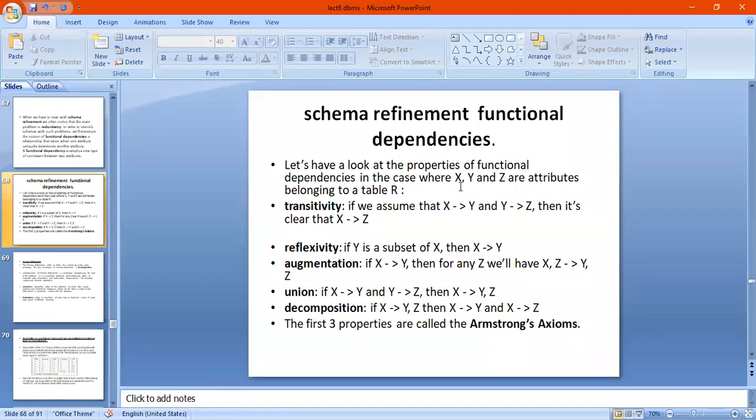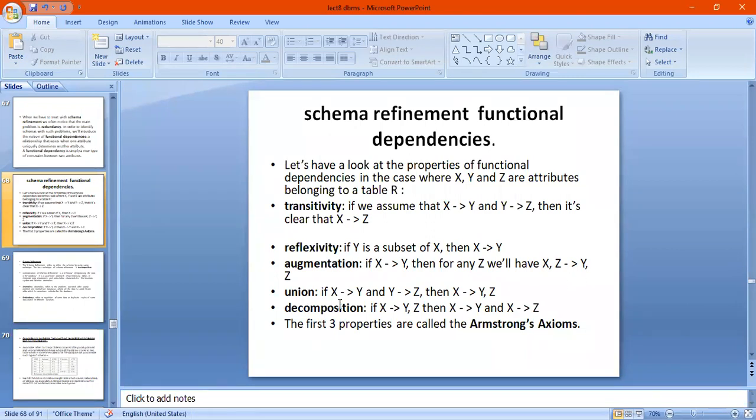Let X, Y, and Z be attributes belonging to the table R. Transitivity: if X determines Y and Y determines Z, then X automatically determines Z. Reflexivity: if Y is a subset of X, then X determines Y. Augmentation: if X determines Y, then XZ determines YZ.